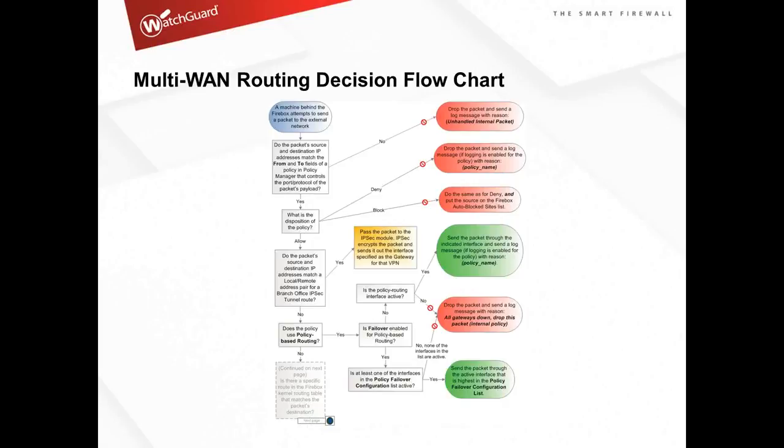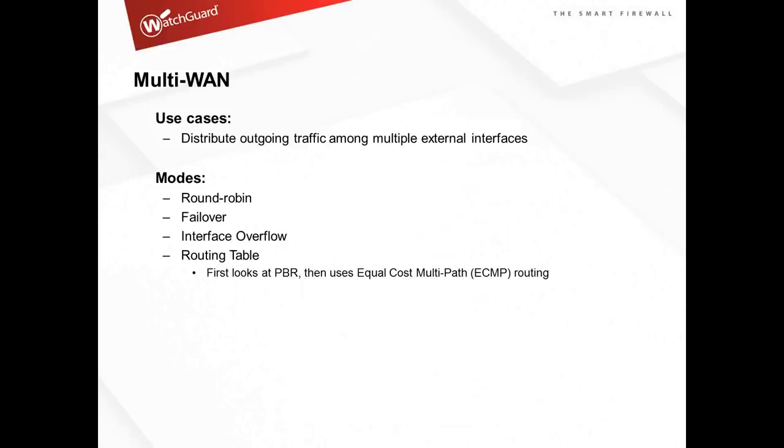The PowerPoint and presentation will be available after this webinar as well for you to reference. So as we look at this, we can easily see the decision flow chart. I'm not going to get too in-depth there for the sake of time, but really we can follow the packet flow as it transitions through different policies and multi-WAN specifically in there.